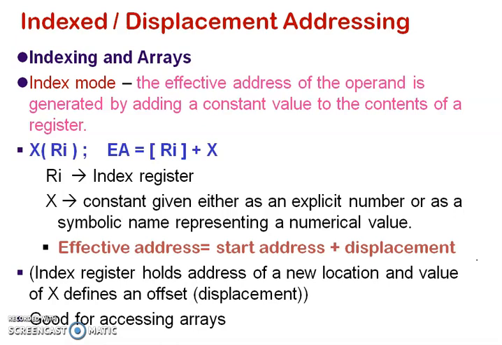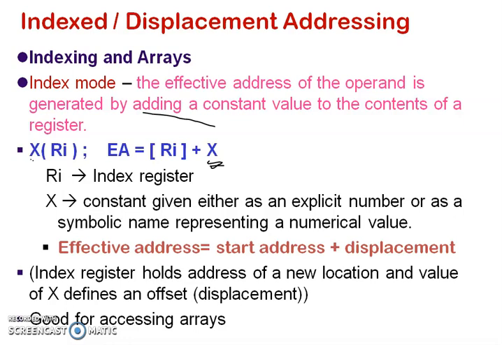Okay. Then the indexed or displacement addressing mode. Indexed mode is where the effective address of the operand is generated by adding a constant value to the contents of a register. So an offset field will be added, and that constant value is taken as x. Okay, x represents the constant value.